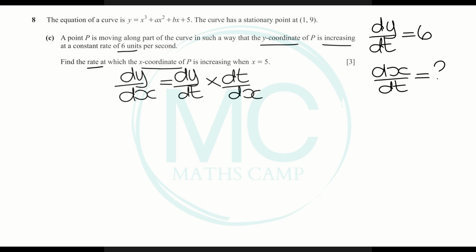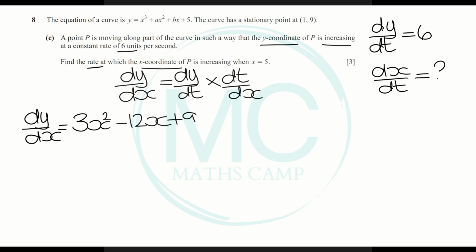To find dx over dt, we need a value for dy over dx. And we already know that the equation for dy over dx, which we found in part B, is 3x squared minus 12x plus 9.